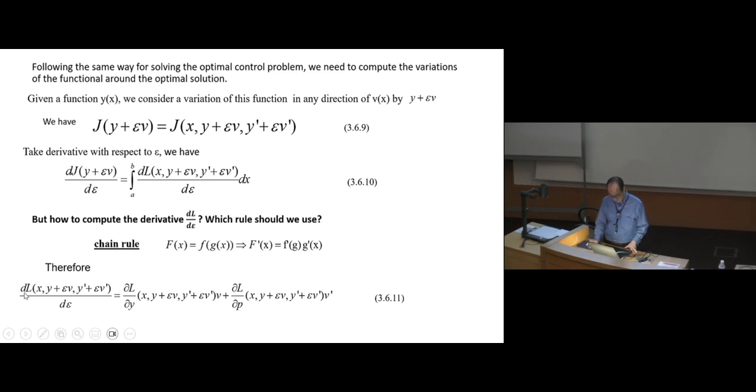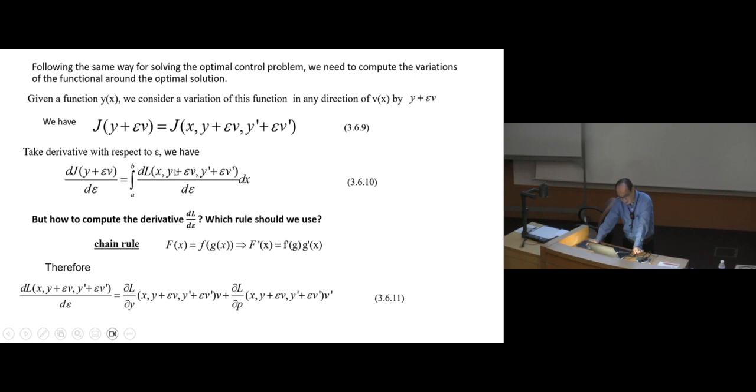Okay, then let's apply the chain rule, right? Here, we know that this one has three variables, x, y, y dot. x does not depend upon epsilon, right? So therefore, we don't need to take the derivative with respect to x. But those y, we know those y plus epsilon v, right?